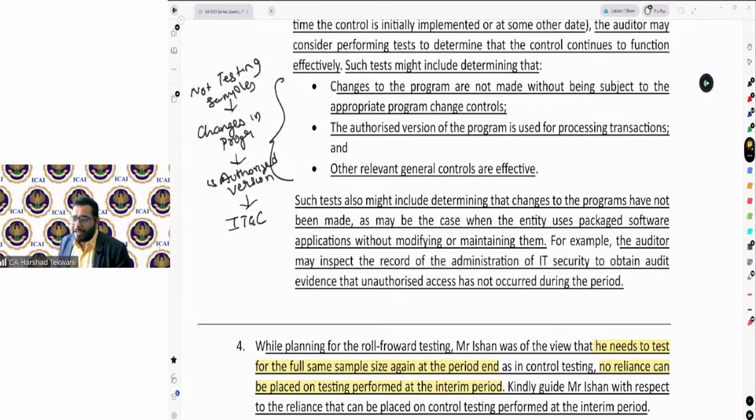It's not the test of details, it's the test of control. Remember that. This is not the test of detail, this is test of control. Can he place reliance?